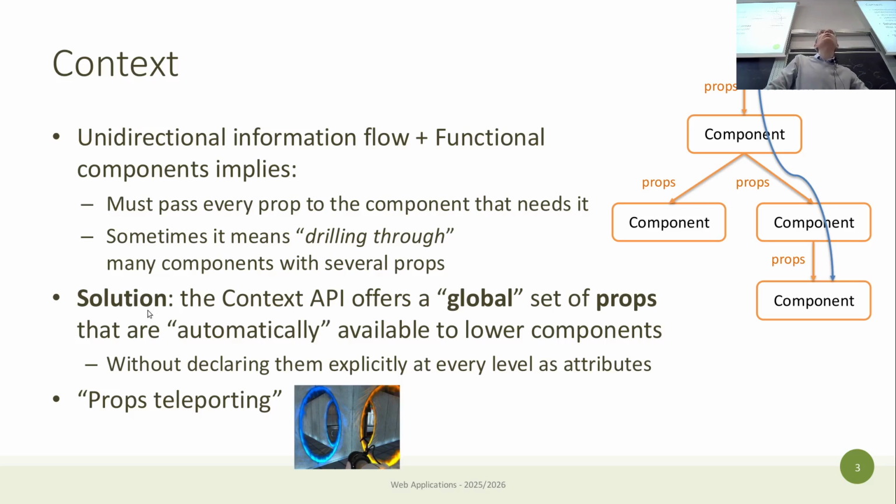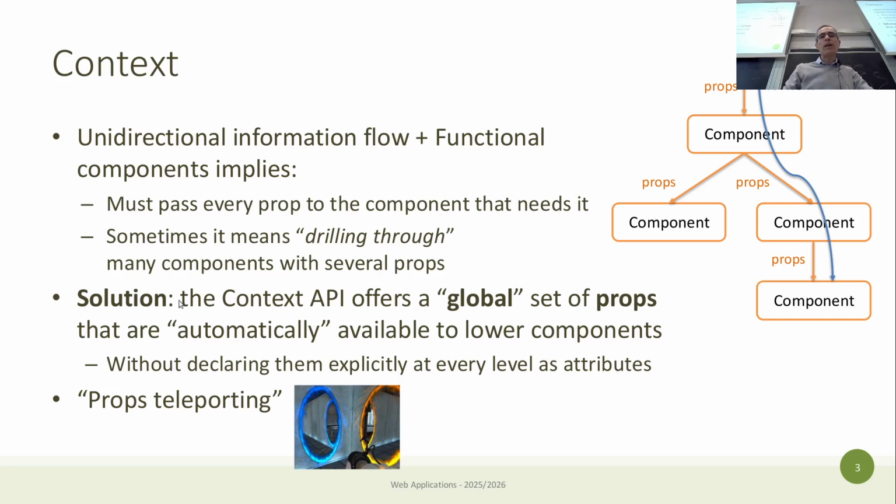Just from the point of view of the developer, because for React, it's more or less the same. It's just passing an additional prop, okay? But sometimes we need to really pass many props many times in many components, sometimes even in all components, or to all components of the application. And so in this case, we need to find a solution that is a bit more efficient from the point of view of the developer, right?